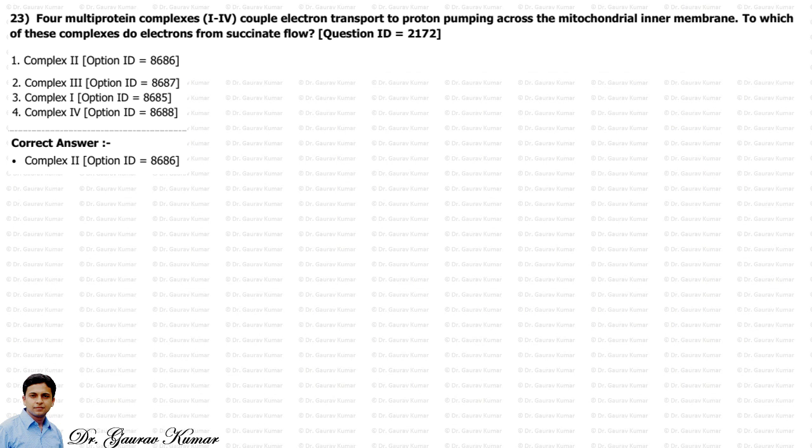Next question, 4 multi-protein complexes 1 to 4 couple electron transport to proton pumping across the mitochondrial inner membrane. To which of these complexes do electrons from succinate flow? This is just a fact-based question. If you just know the diagram of the electron transport chain, you will easily understand that the electrons from succinate flow to complex 2. So the answer.